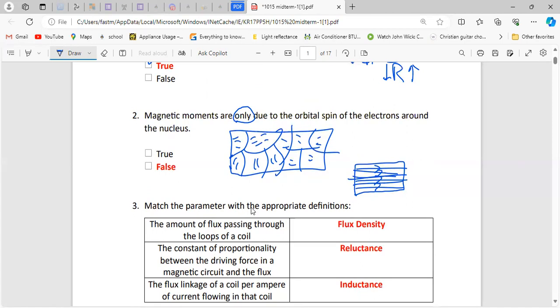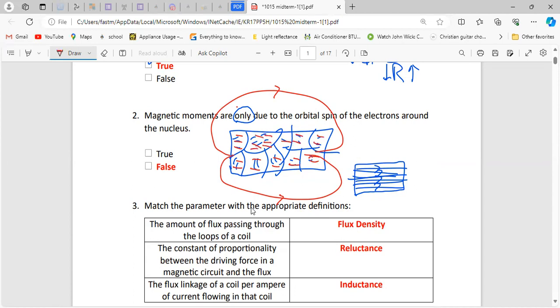So the flux increases when all the dipoles and the domains align in the same direction, and almost all the time they align in the direction of the external magnetic field. So if you put this material in an external magnetic field going in this direction, the dipoles will all align in the direction of that field.